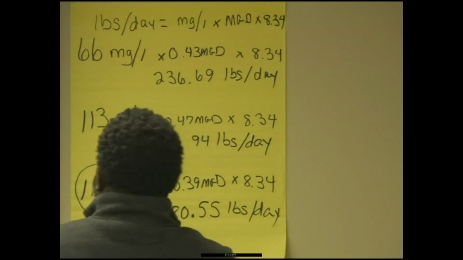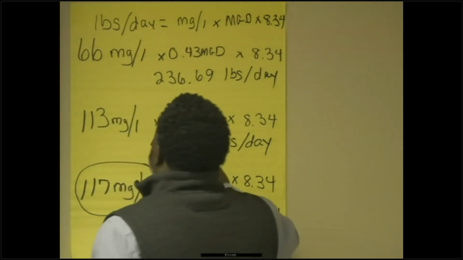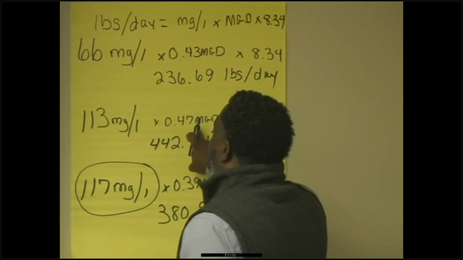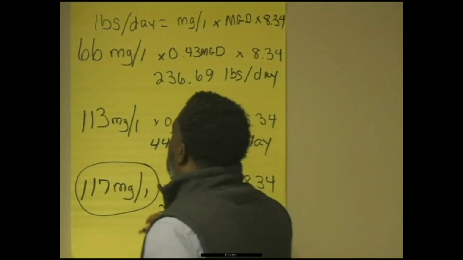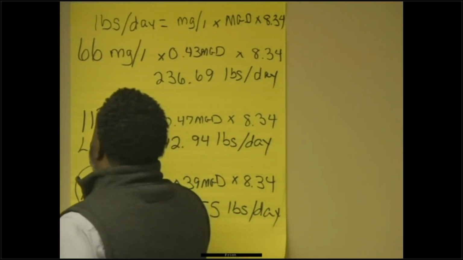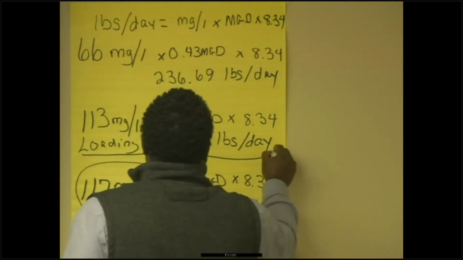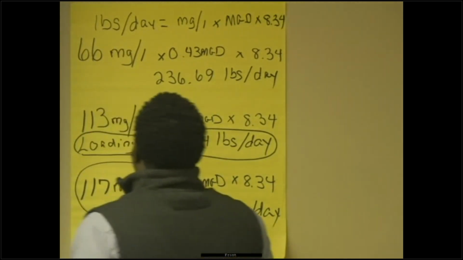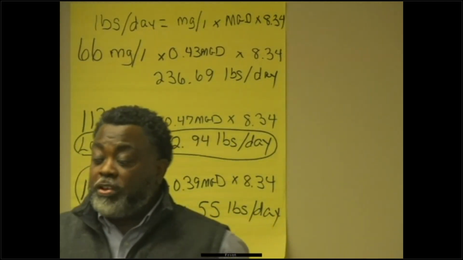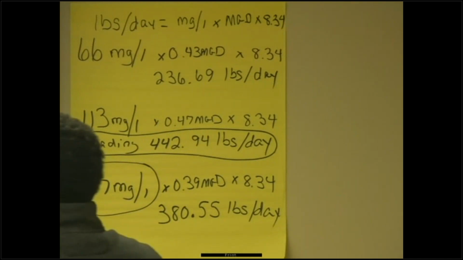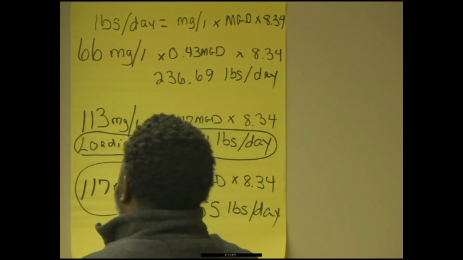But if you noticed in May, the flow was a lot higher, resulting in a loading of 442.94. So on the DMR, the loading will be 442.94.